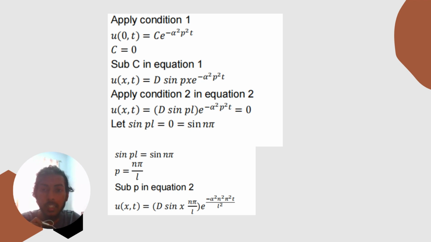So we can equate sine pl to sine n pi, and p equals n pi over l. We can substitute the value of p into the equation where we get u equals d sine (n pi x over l) multiplied by e negative alpha square n square pi square over l multiplied by t.